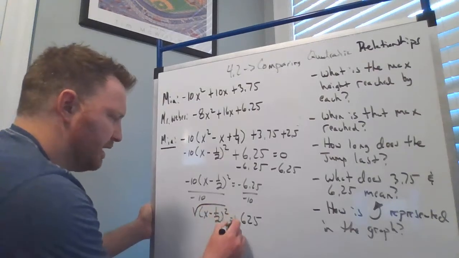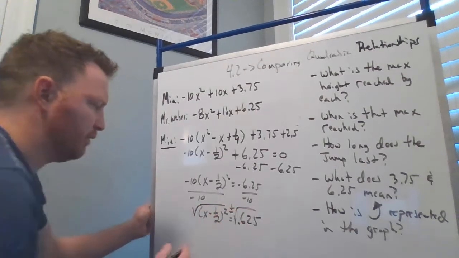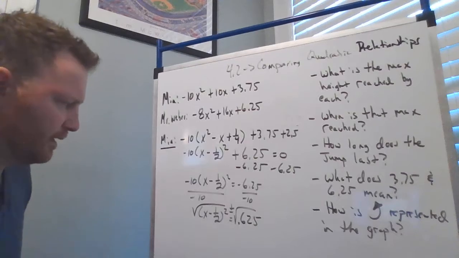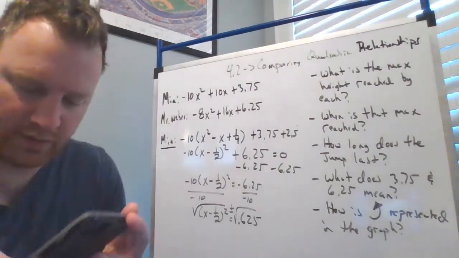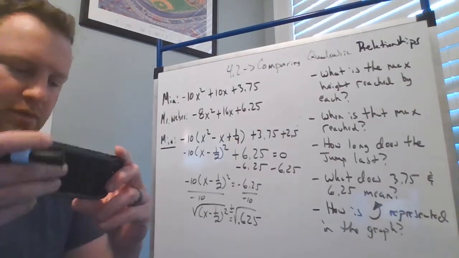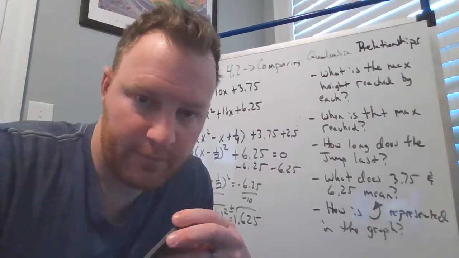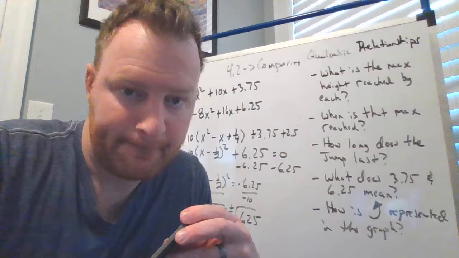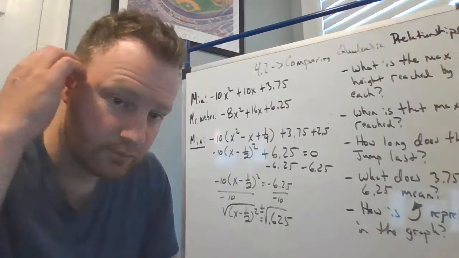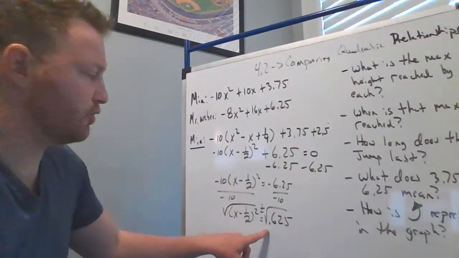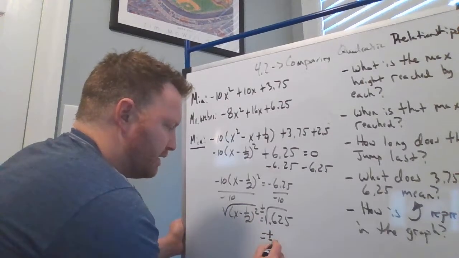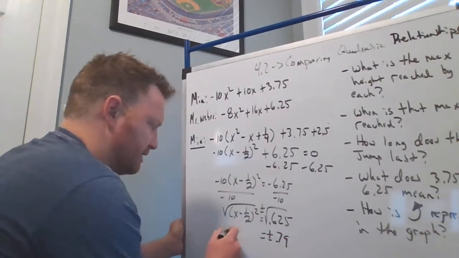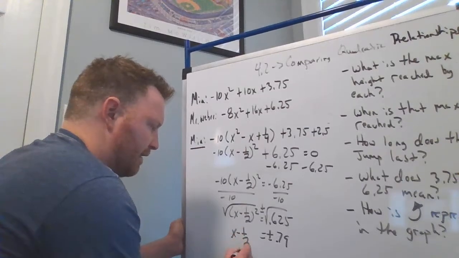Now, we are using estimates, and this is okay, plus or minus, okay? So you're going to see what's going to happen here. All right, so when I take the square root of this, I get plus or minus 0.79, and this is just x minus 1/2.